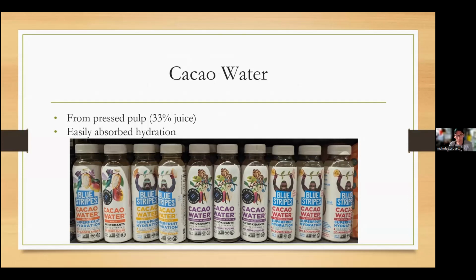But definitely more of a tart grape kind of fruitiness to it. All to say, very good, exciting things, new products, stuff that's happening with cacao that's not chocolate. No hint of chocolate in any of these things that I tried. And so yeah, always on the lookout for fun new things to try.